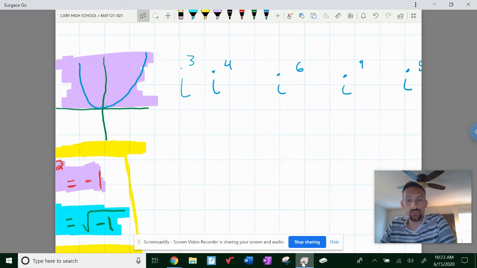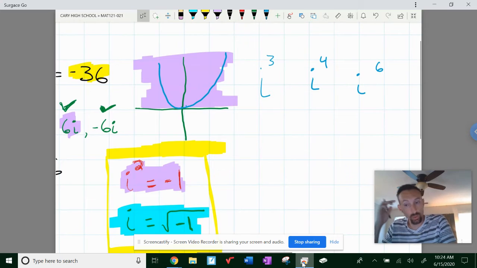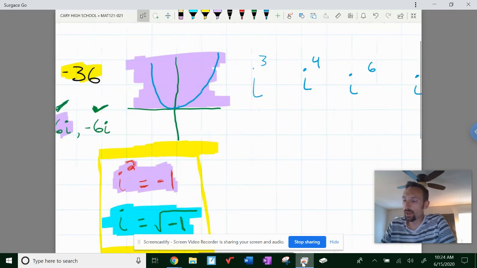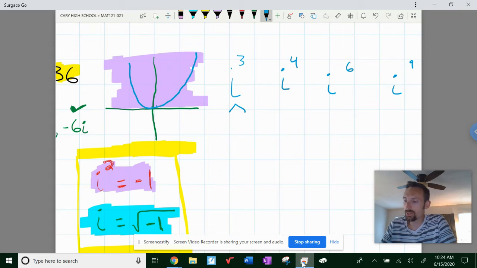And so i to the 3rd is where we're going to start. i to the 3rd can actually be broken up into two things I know: I know the value of i squared and I know the value of i. And so I'm going to factor this into two things I know. And remember, when we factor, that means that when I take the product of these two factors, it should get me back to where I started. And so I'm going to factor this into i squared and i.